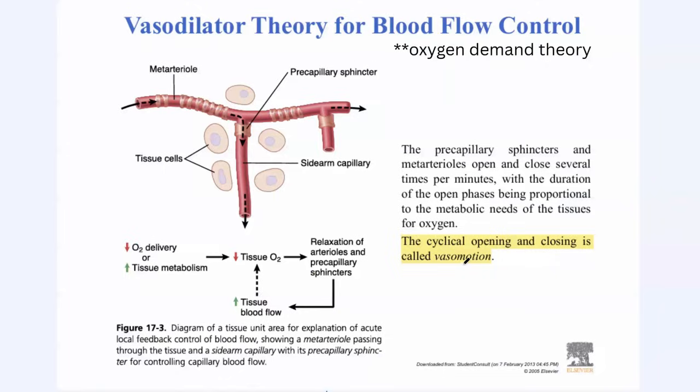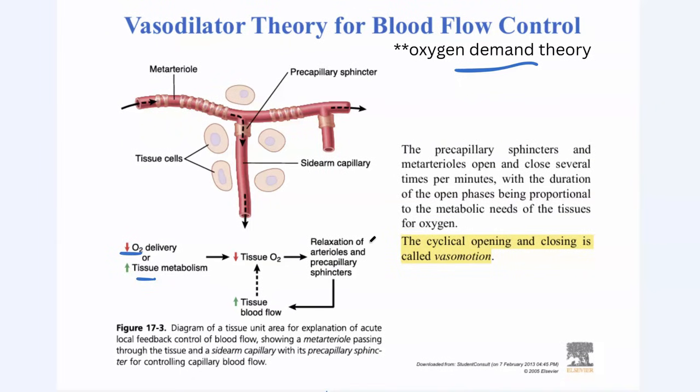Okay? This is another vasodilator theory for blood flow control. It's also called the oxygen demand theory. I think this is a keyword in your lectures, very important. So if you have decreased oxygen delivery or increased tissue metabolism, okay? So in the case of either low BP or exercising, your tissue oxygen is going to decrease because it's all being used up or it's not being delivered at all.